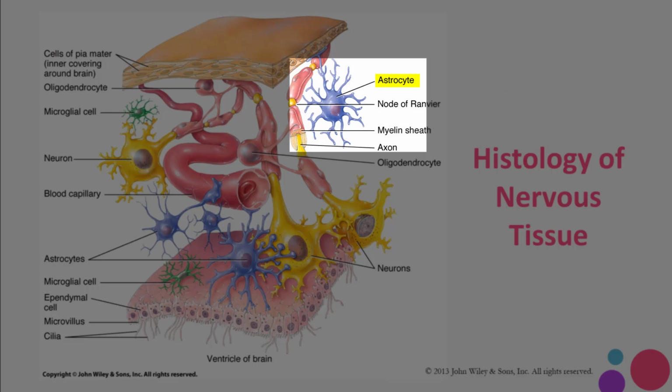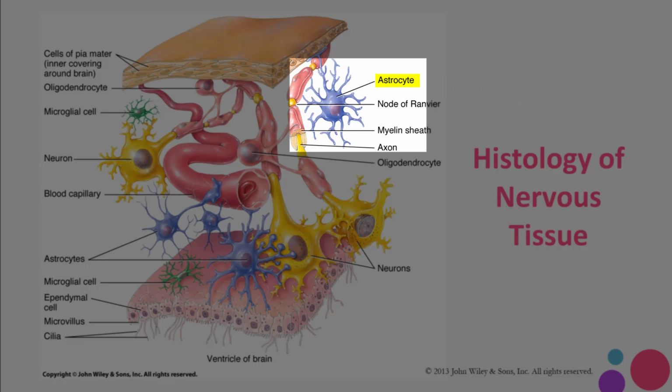If you look closely, you can see that the astrocytes have large cell bodies with many processes branching off of the cell body. And the main function of the astrocyte is to maintain the blood-brain barrier.